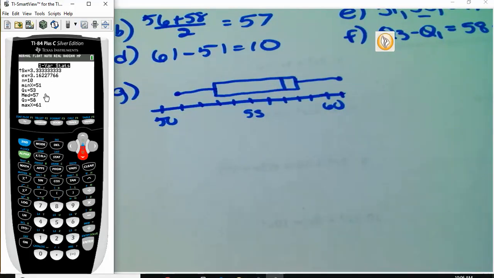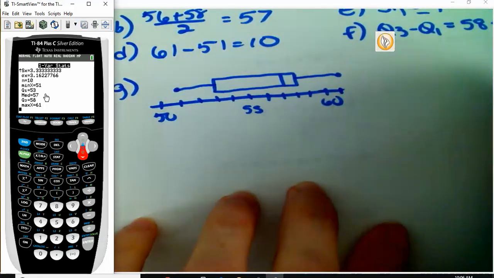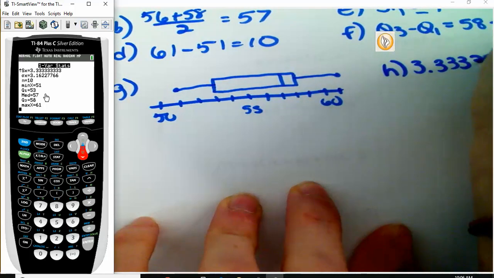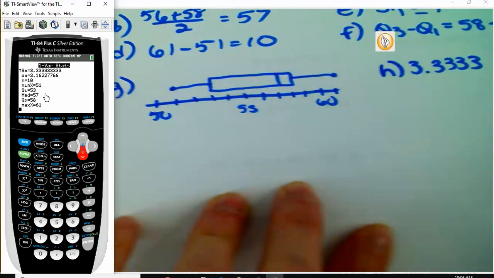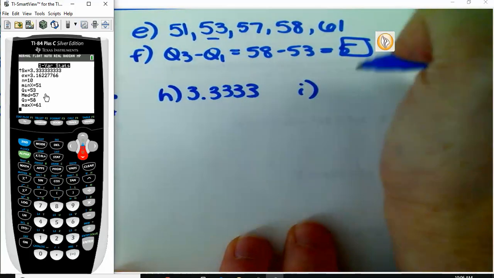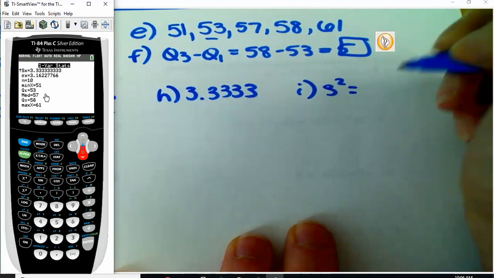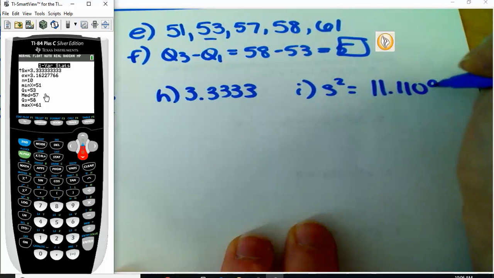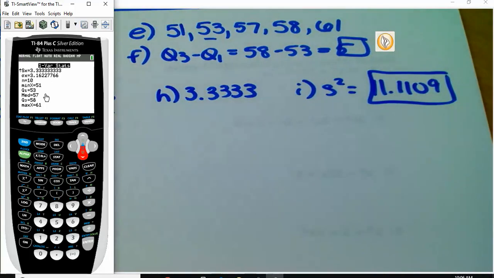No. So this is our standard deviation, the S, 3.33 repeating. And then how do you get variance? Right, it's just your standard deviation squared, so the 3.33 repeating squared, and you get 11.1109.